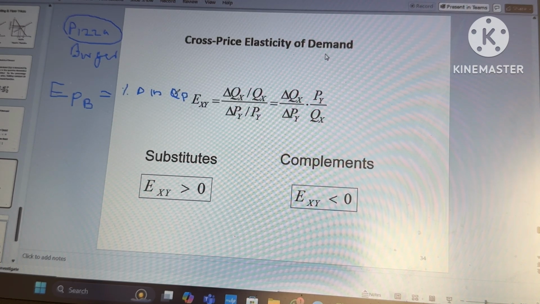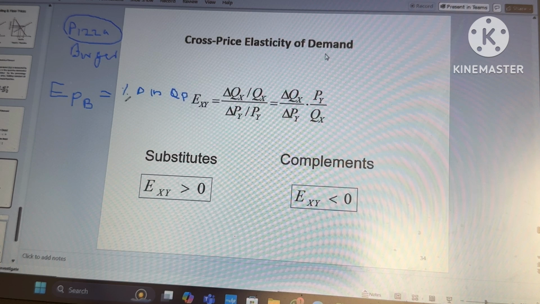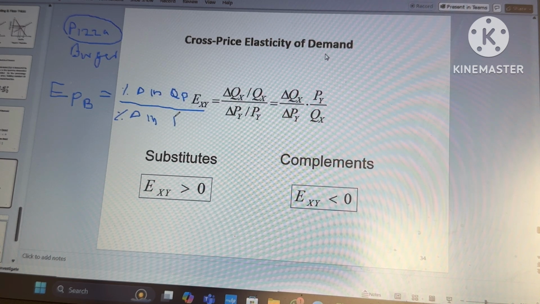Percentage change in quantity demanded of pizza divided by percentage change in price of burger. Don't confuse these things, right? This is price of burger, quantity of pizza.